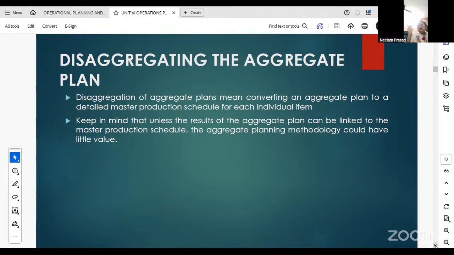In some season there is demand for one thing, in another season for another thing. So you should be prepared for it. Looking at the nature of your product, you have to go for either level or chase or hybrid.